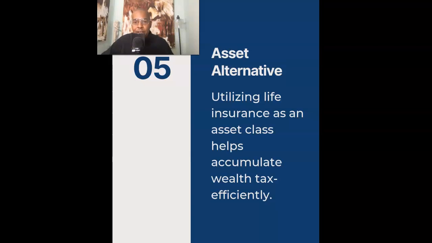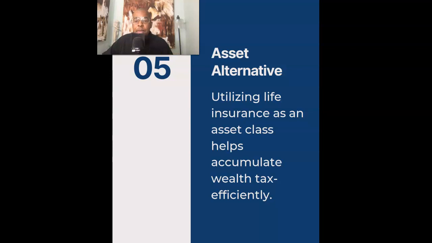Do you have retained earnings in your business and you're looking for a tax efficient way to pull that out? Then you may consider life insurance. That's an advanced strategy, and we'll probably talk about that in a different video. But if you have retained earnings and you're looking for potential ways to pull that out in a tax efficient method, then life insurance may be a method you could use.